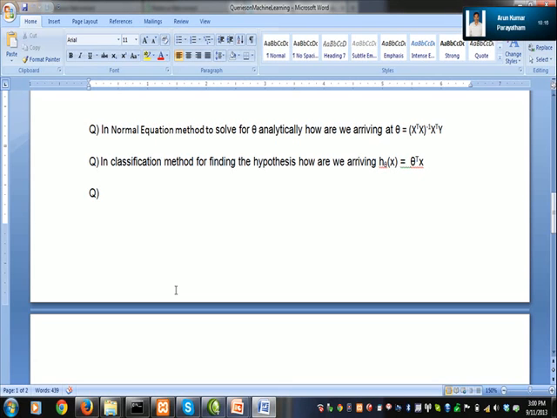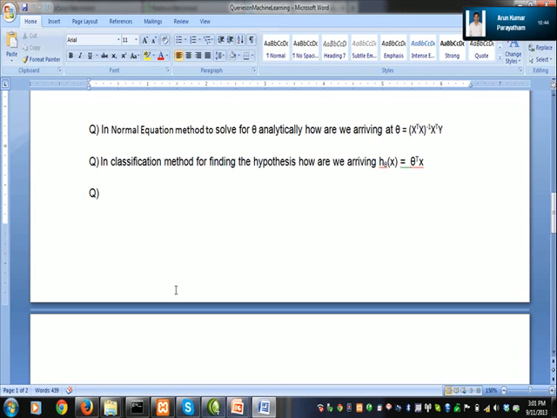By doing this differentiation, taking this J theta, then delta by delta theta j, you substitute what h theta is. Actually, h theta is your predicted value. Before that, he has to write what h theta is.